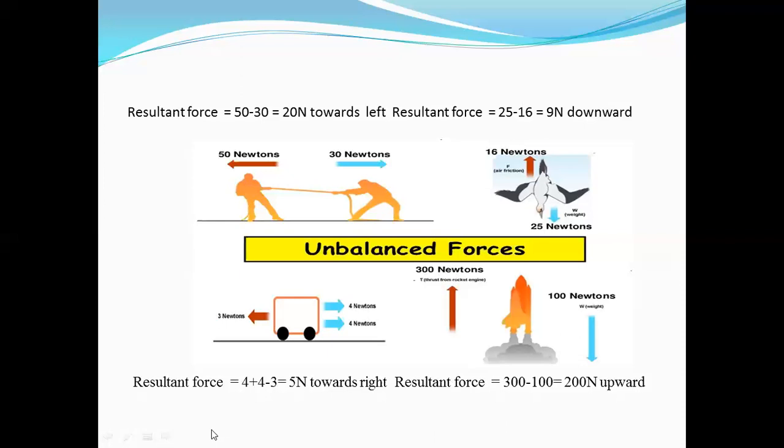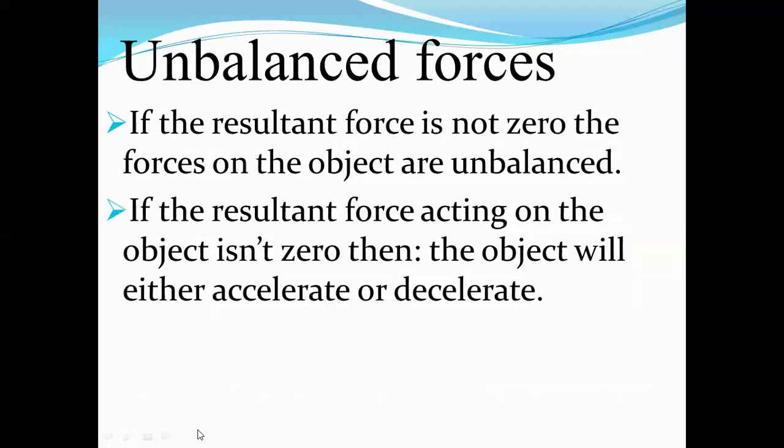So what is unbalanced force? Unbalanced forces. If the resultant force is not zero, then the forces acting on an object are said to be unbalanced. Under the action of unbalanced forces, the state of the body changes and acceleration is not zero.